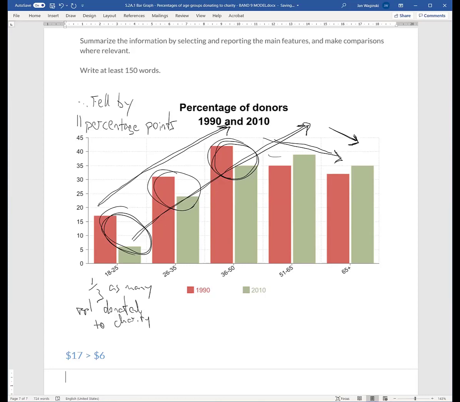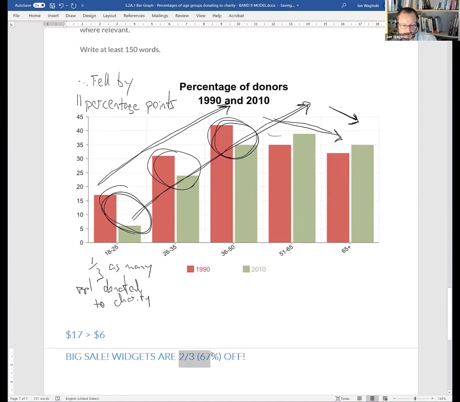About 2/3, 67%, same thing. Does that make sense?